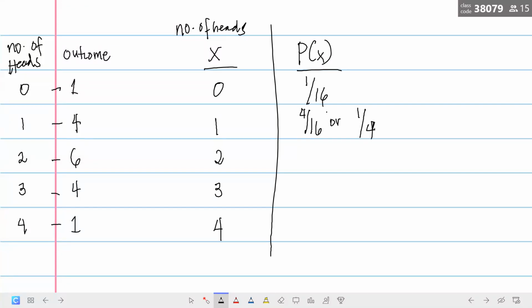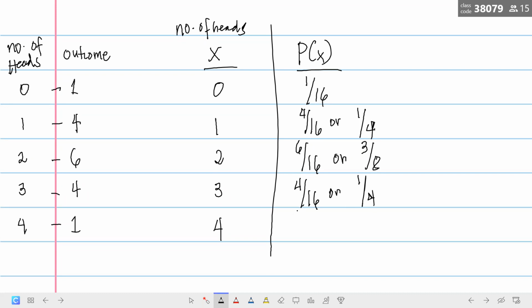Paki-lowest term. Or pwedeng decimal yung answer. So sa dalawa naman yung head, so we have 6 over 16 or 3 over 8. Sa tatlong heads, 4 din yung outcome. So that would be 4 over 16 or 1/4.